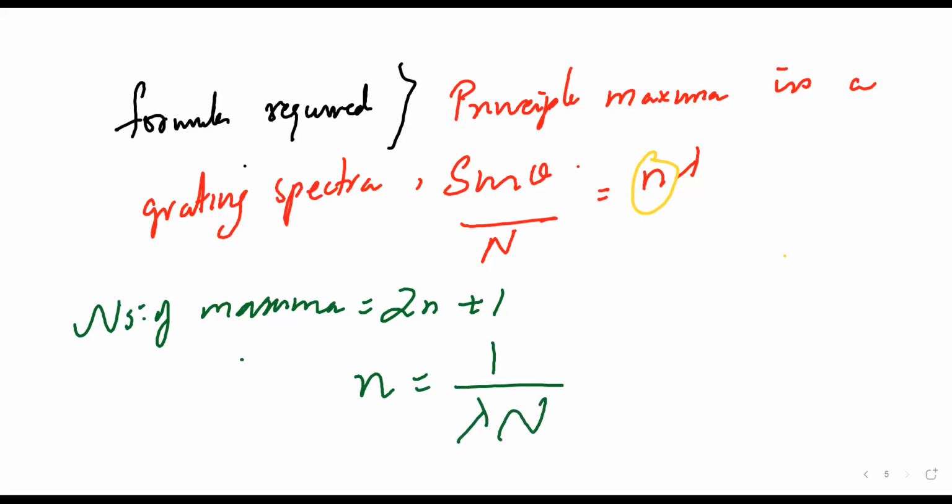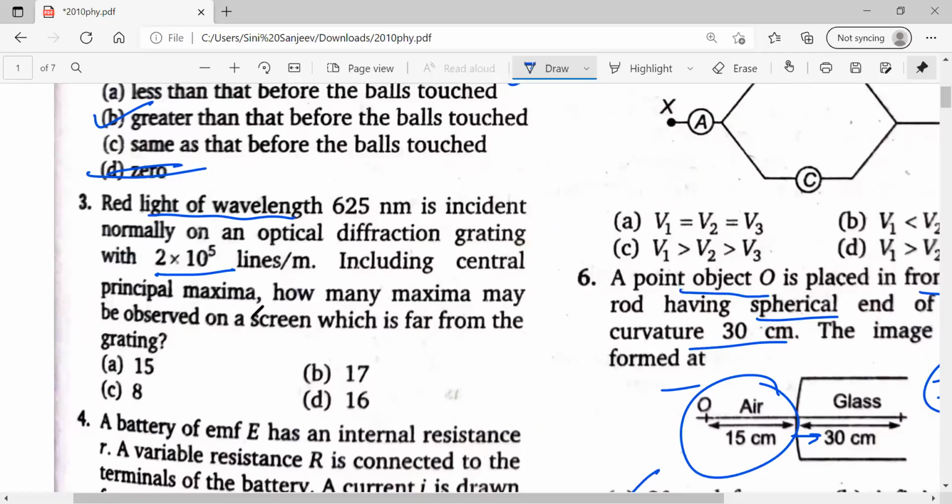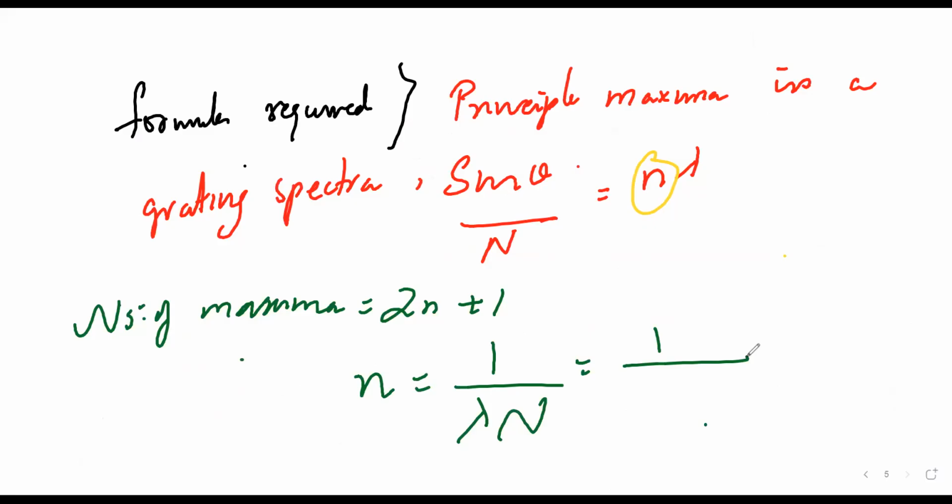Come back to the question, see the lambda value and everything. The wavelength is 625 nanometer. The other one they've given is 2 into 10 power 5 lines per meter. So I just substitute these values here. 1 by lambda, where lambda is 6.25 into 10 power minus 9 since it's nanometer, and the other is 2 into 10 power 5.